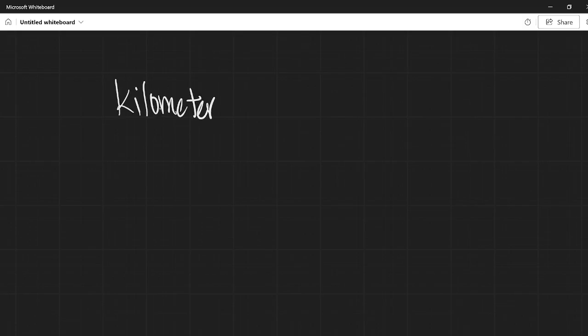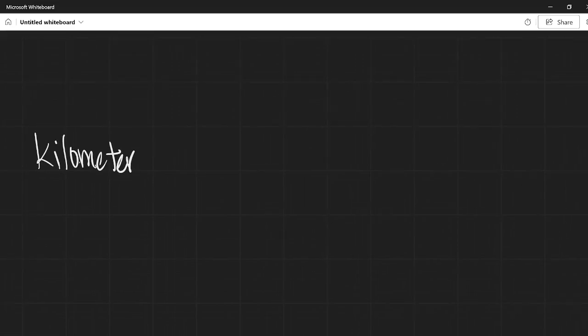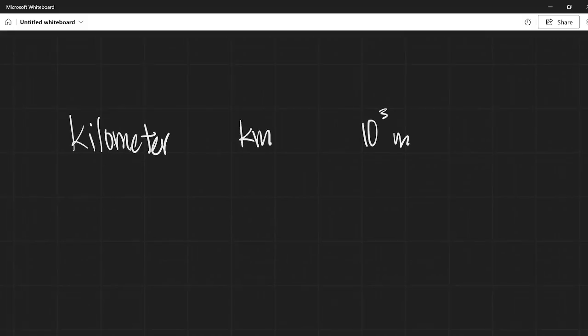Well, we have kilo, right? So that means 1,000 meters. Here's our symbol, and this just means 1,000 meters. So if we just had regular meters, we can write this like 10 to the 0 meter, because 10 to the 0 is just 1.